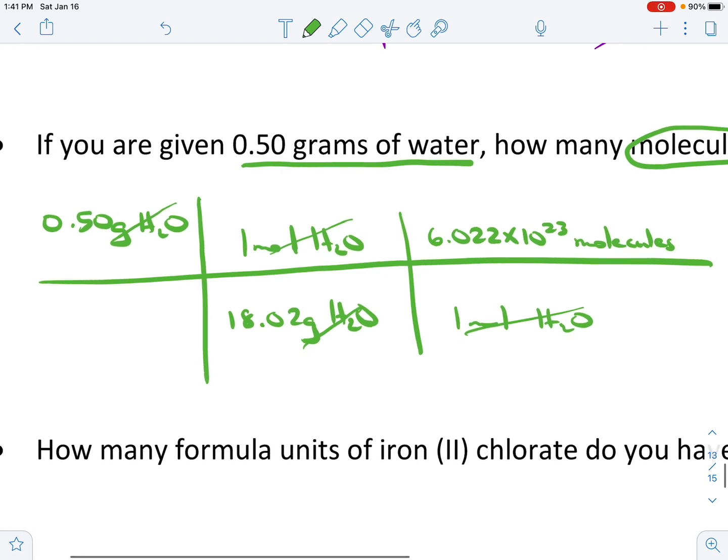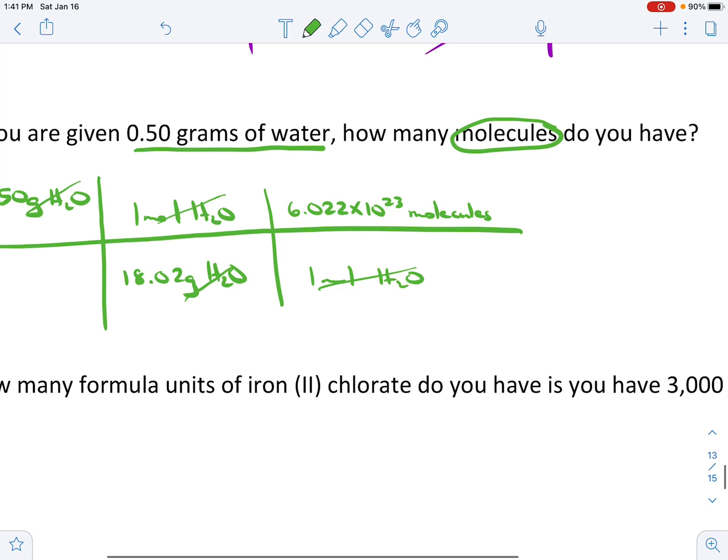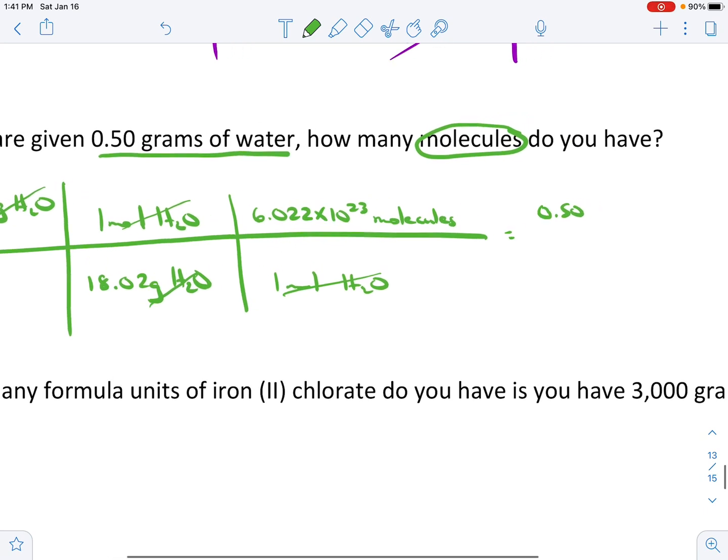Now we're ready to do our calculating. We're going to take 0.50, multiply by Avogadro's number, 6.022, remember that E23, and then divide by 18.02. And that should be our answer.